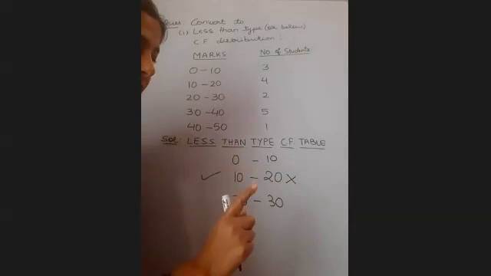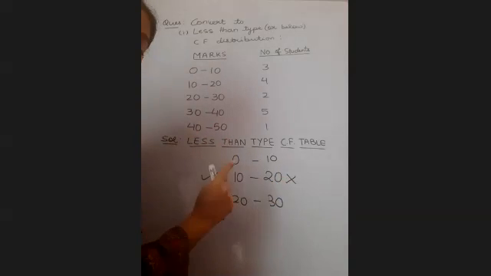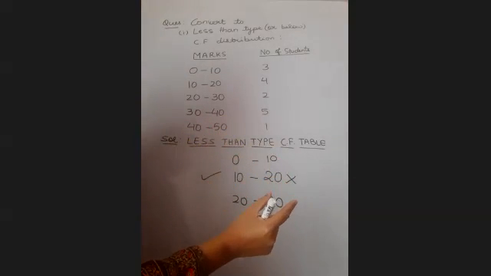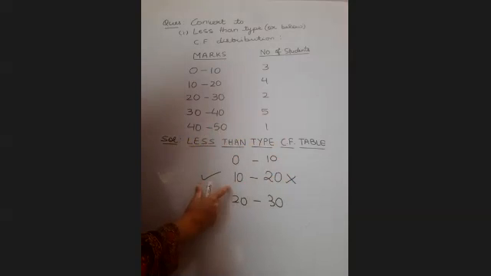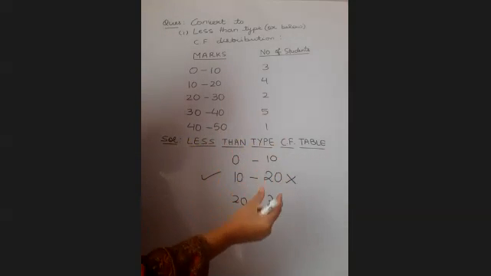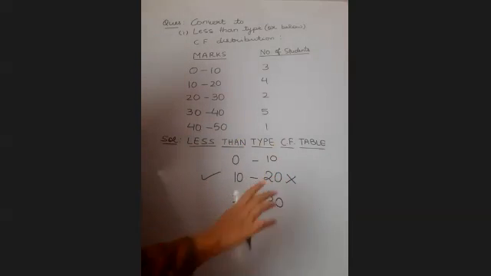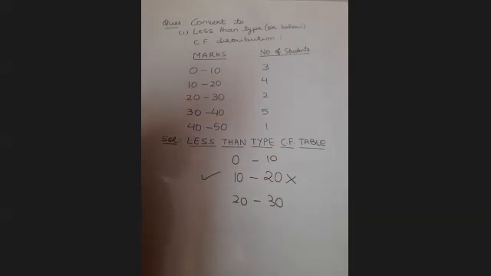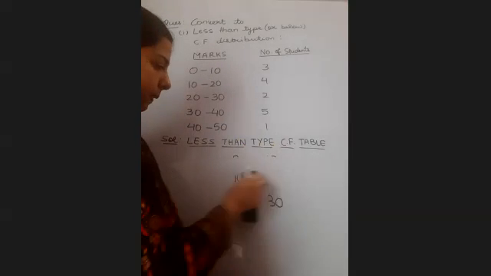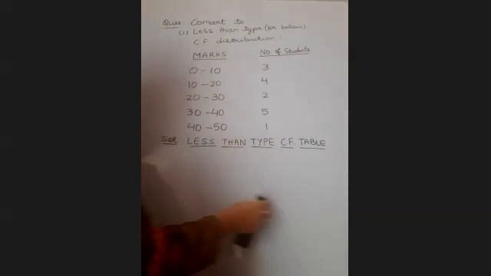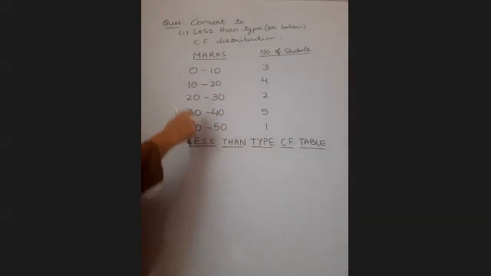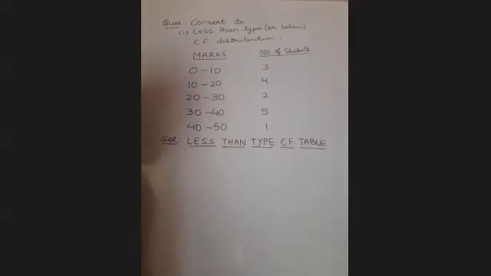So we always write more than or equal to 10. Whenever we write more than, we use the term or equal as well, because it is also counted. But for less than, only less than 20, because 20 is not counted in this interval. Clear, beta? So now we have to convert this data into the less than type cumulative frequency table.